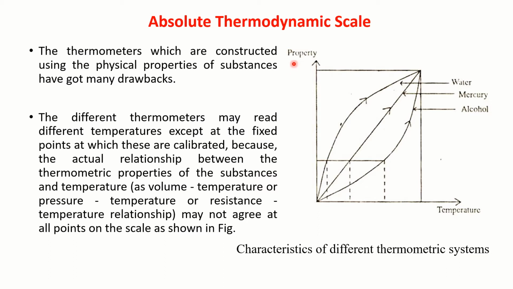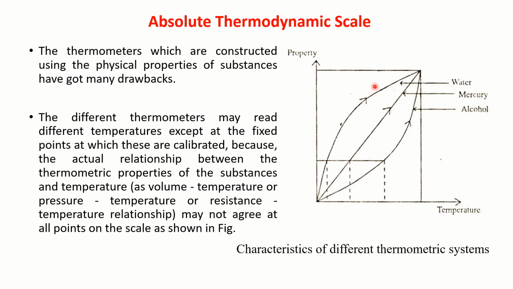Then the length of that mercury column is what you call the thermometric property. Similarly, if it's a constant volume thermometer, when you dip it into a hot bath, its pressure increases because volume has to remain constant. Then that pressure is the thermometric property.